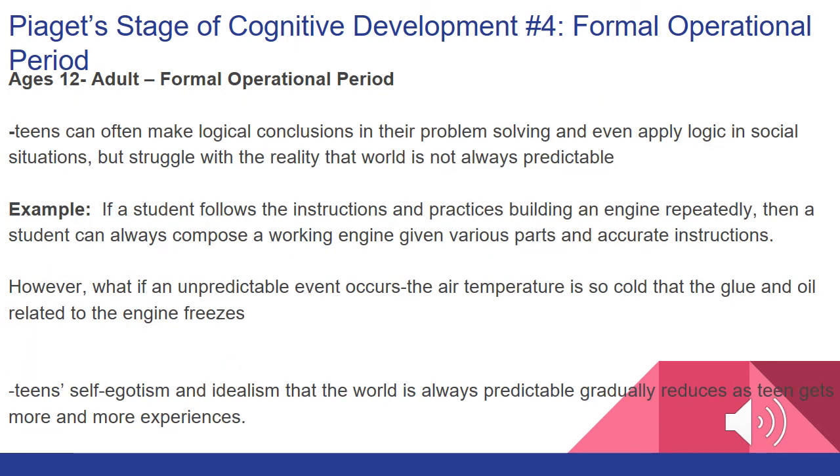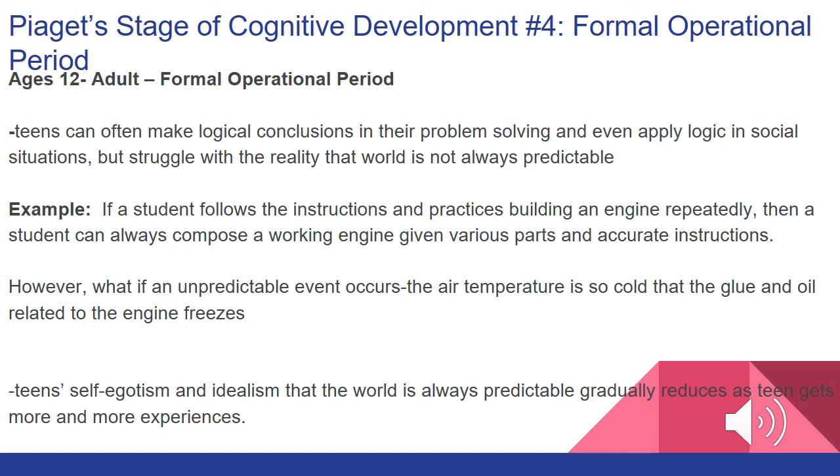Another issue with the formal operational period is that teens can often make logical conclusions in their problem solving. Let's say you give them an academic problem and they have to solve it, or they might even be able to apply logic in social situations, but they start to struggle in that they think that the world is always predictable.